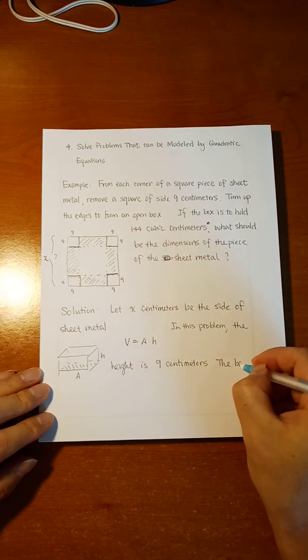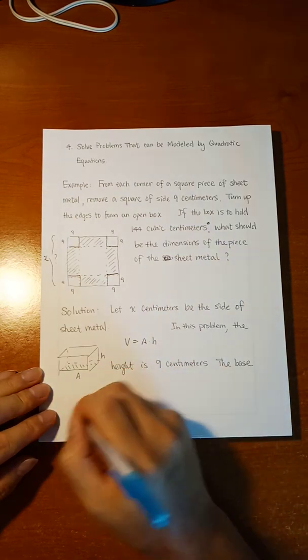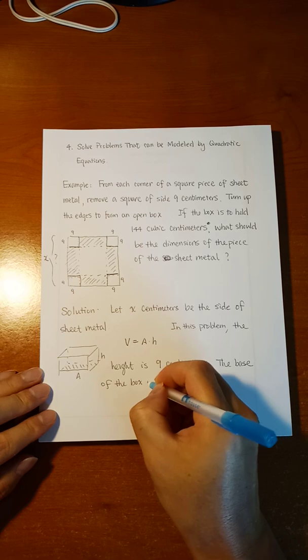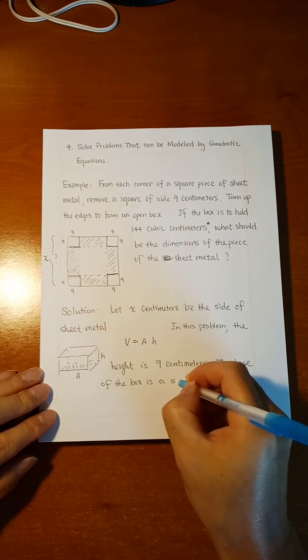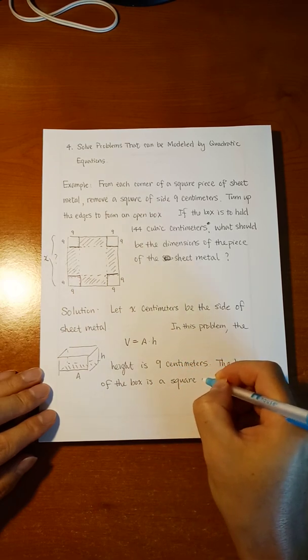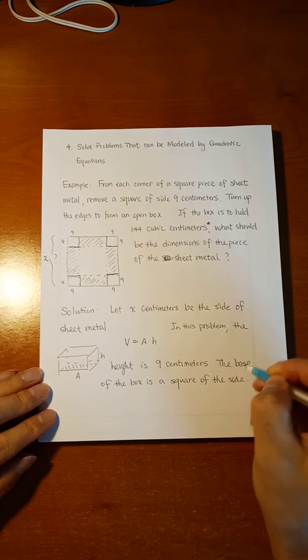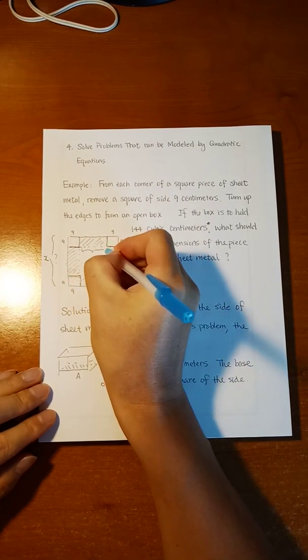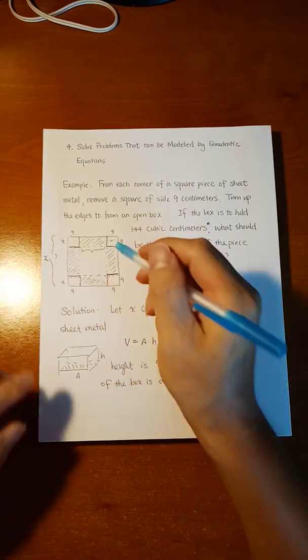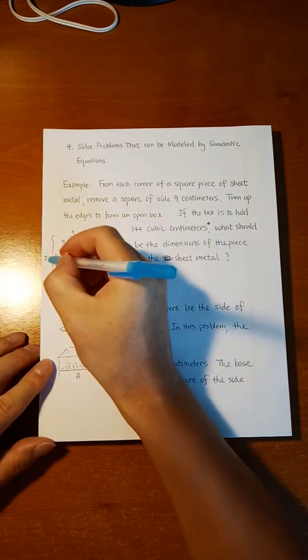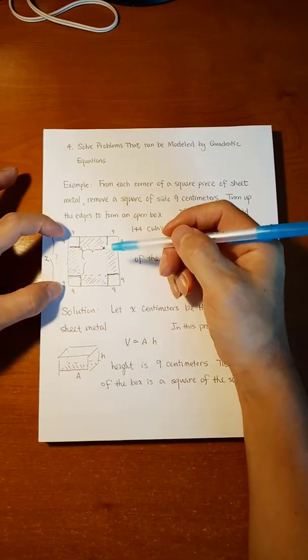The base of the box is a square of the side. What is a side? Here, this is a side. They're all side because it's a square. This is x. The total thing is x.